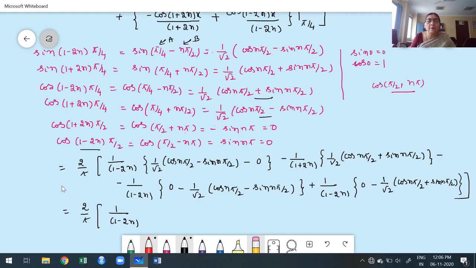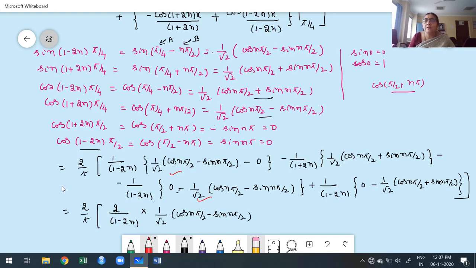Minus into minus is plus. 1 by 1 minus 2n into 1 by root 2 cos of n pi by 2 minus sin of n pi by 2. Both must be the same. Once you add these two, we get 2 times 1 by root 2 into cos of n pi by 2 minus sin of n pi by 2.